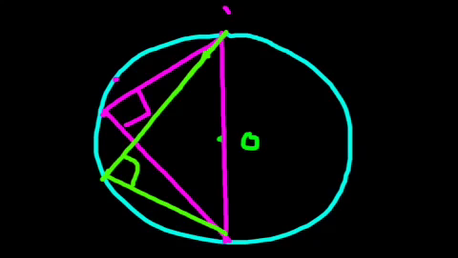No matter what angle you draw, it'll always be 90 degrees, a right angle. Even like this, it will still be a right angle. It always will be a right angle.